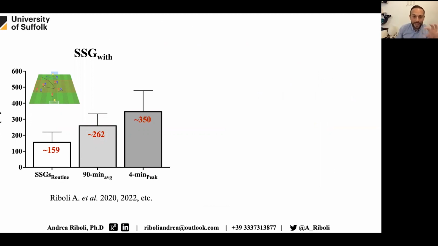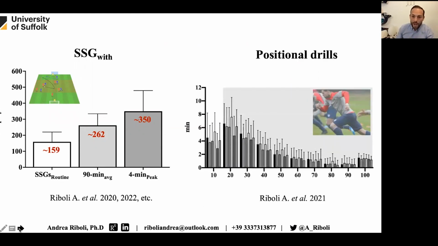We need to manage the higher area per player to try to replicate the average match demand, or the most demanding period of match play of 4 minutes in duration. Otherwise, we can consider the distribution of match intensity to plan some supplemental activities such as positional drills or running-based exercise to manage our training load during practice.